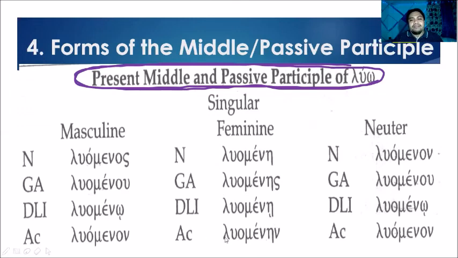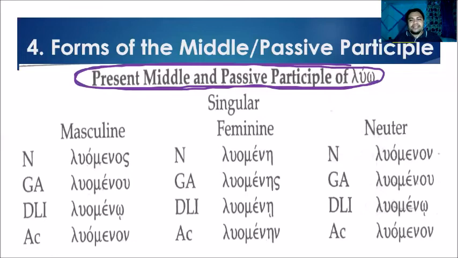And accusative, luomenen. In the neuter, nominative, luomenon. GA, luomenou. DLI, luomenoi with iota subscript. And accusative, luomenon. It's the same in the nominative and accusative in the neuter, as well as the accusative in the masculine form.